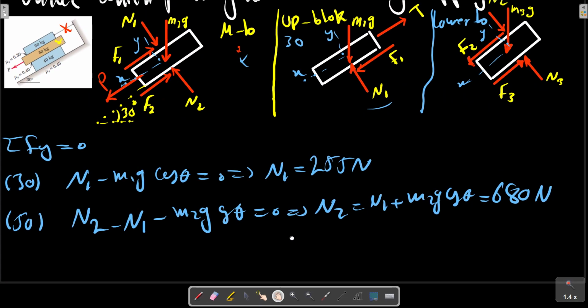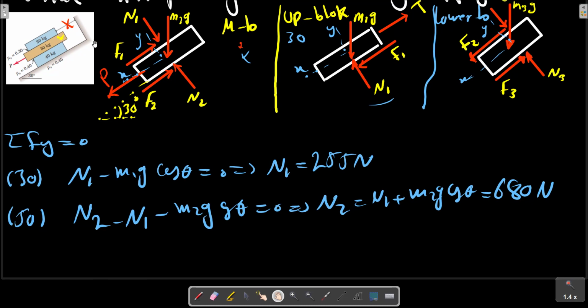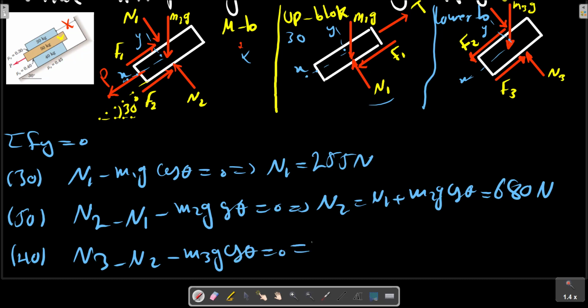For the other block, the 40 kilogram block in the y direction, we have N3 minus N2 minus M3G cosine theta equals 0. So N3 equals N2 plus M3G cosine theta, which equals the value in Newtons.